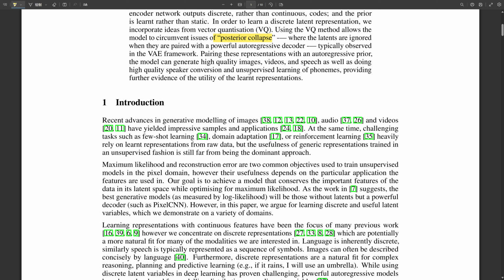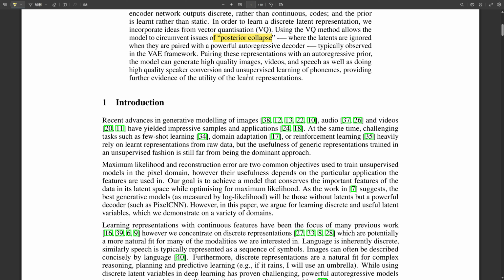Okay, so imagine this. You've got a VAE, and you've paired it with one of these super powerful autoregressive decoders. These decoders are really good at modeling complex data. They can reconstruct an image pixel by pixel. Okay, so they're pretty sophisticated. Yeah, they are. But the problem is sometimes they get so good at their job that they bypass the whole point of the encoder.